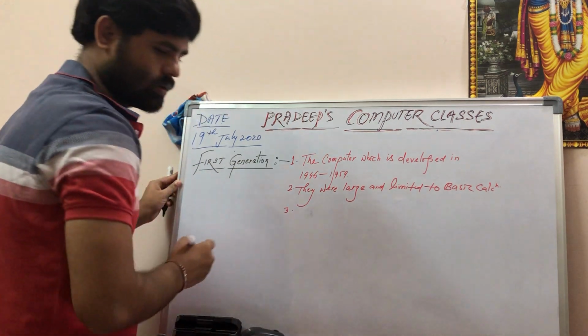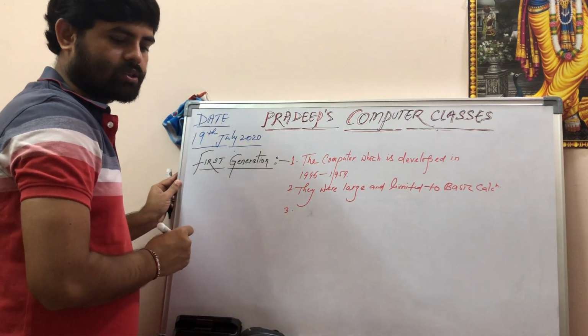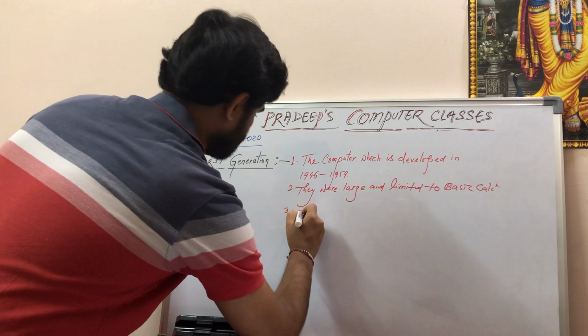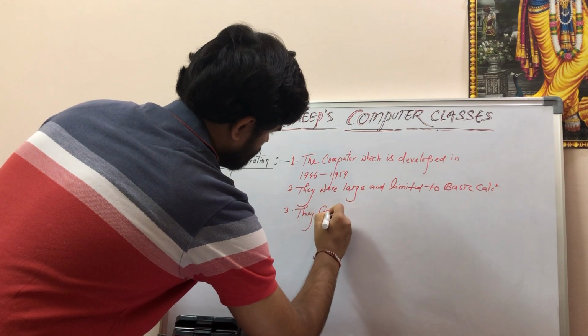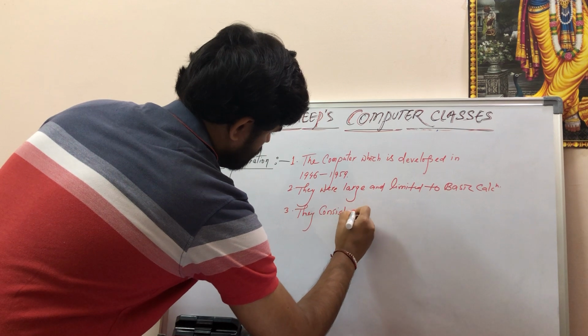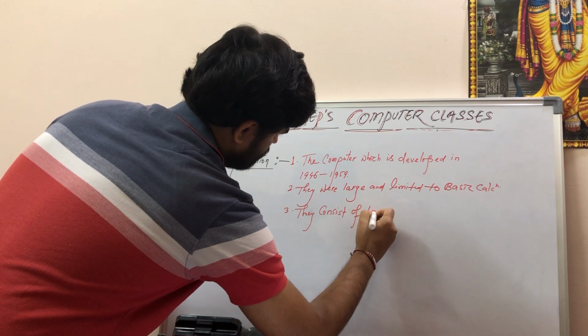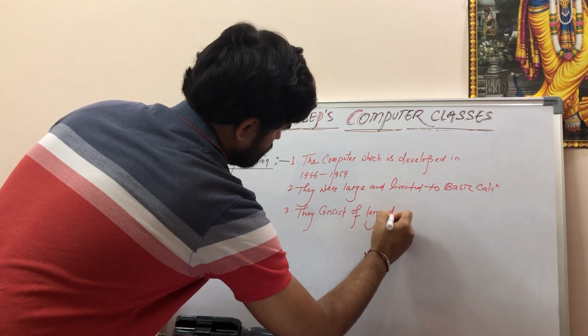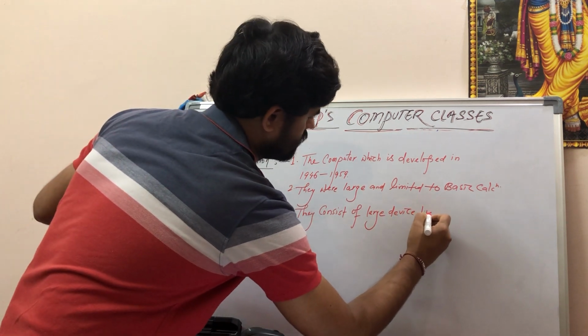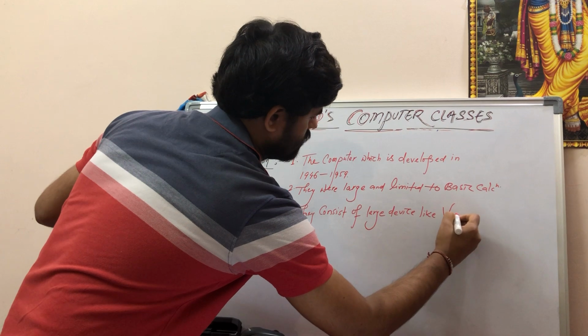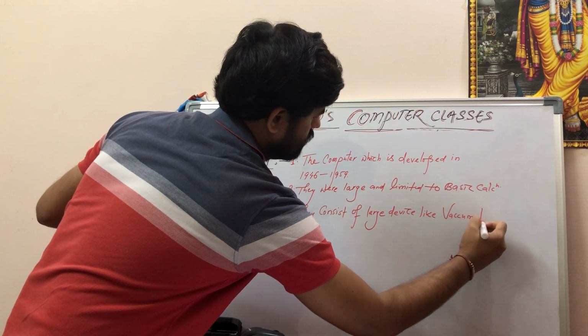Third: they consisted of large devices like vacuum tubes.